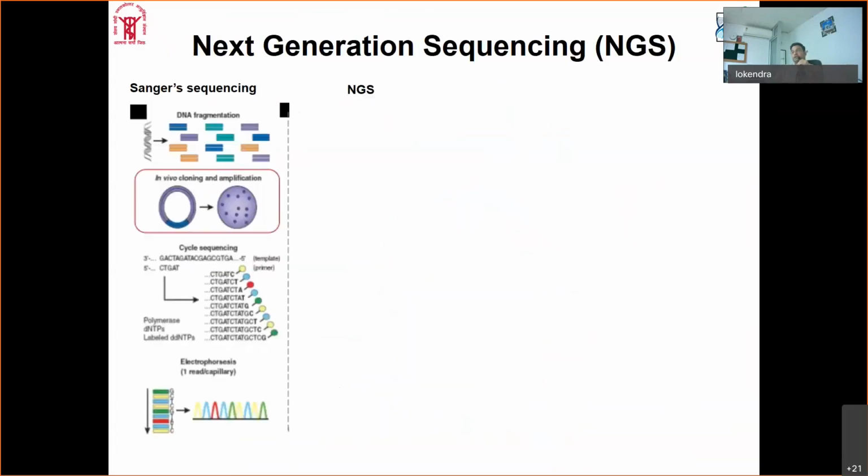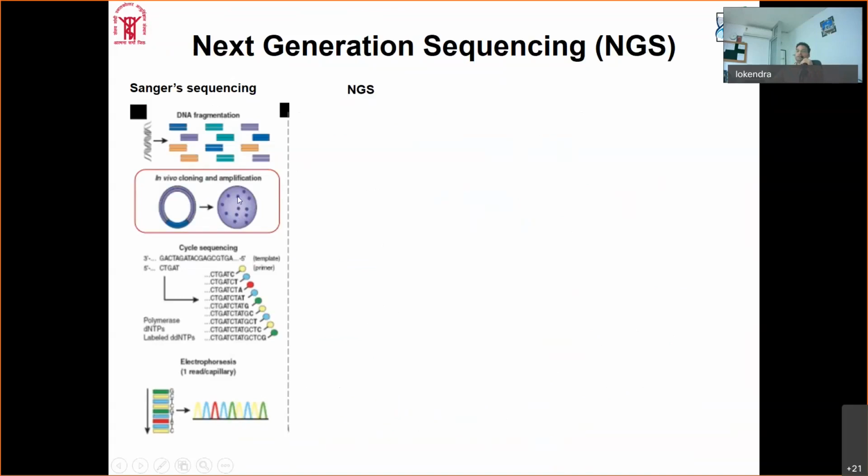If we look at NGS, originally when the human genome was sequenced the first time, Sanger sequencing, which is known as the gold standard, was used. During this process, there was DNA fragmentation. This is just a flow chart of how the whole genome was sequenced. If there is a DNA, you need to fragment it, and then each fragment needs to be cloned.